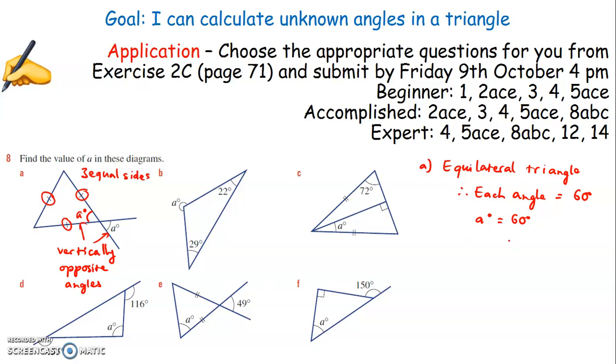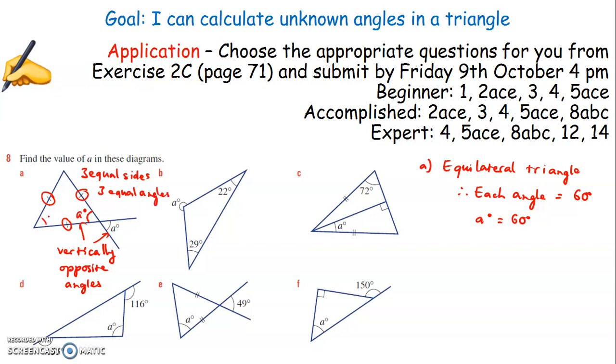You may be asking, why is it that for an equilateral triangle, the angles are 60? The reason is that we know the angle sum is 180. In an equilateral triangle, we have three equal sides, and we also have three equal angles.